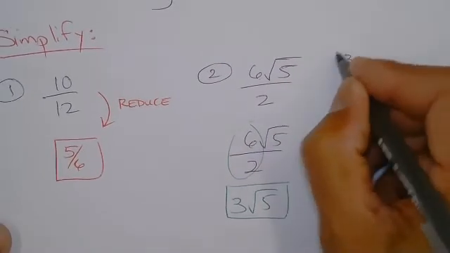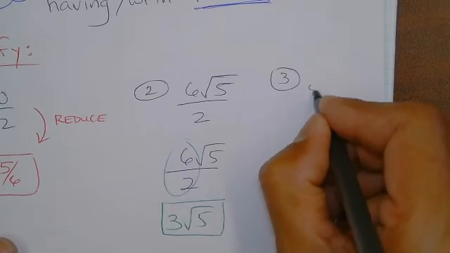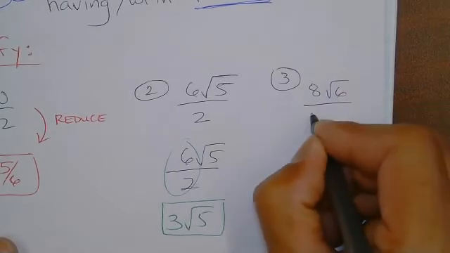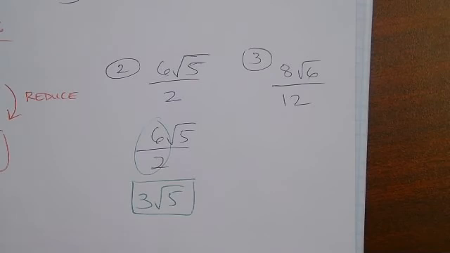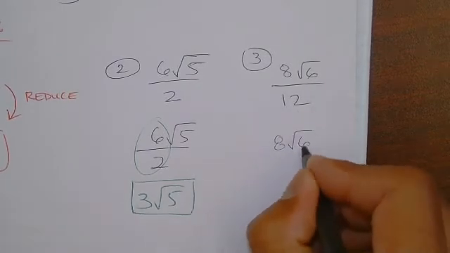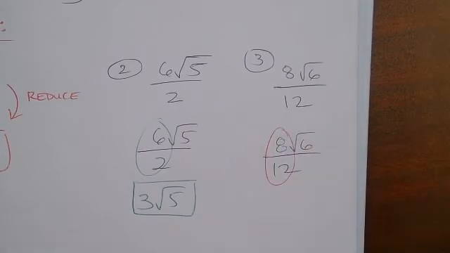Okay, number 3. What if you have 8 root 6 over 12? That's not going to be the answer when you check it. Right? Always look at the whole numbers first. And can those reduce?